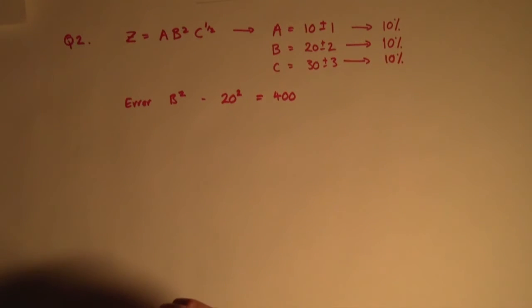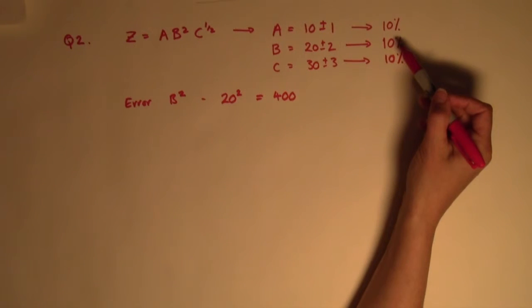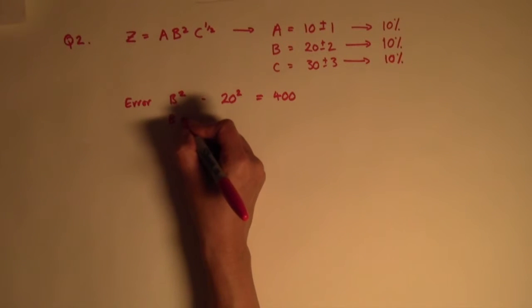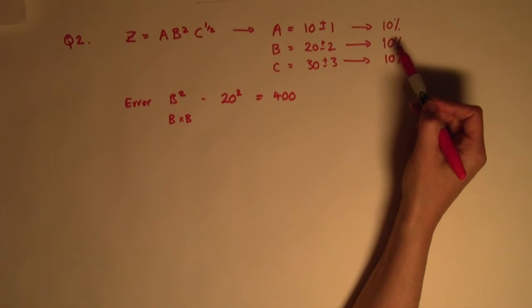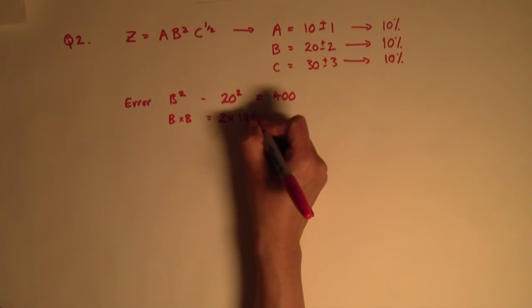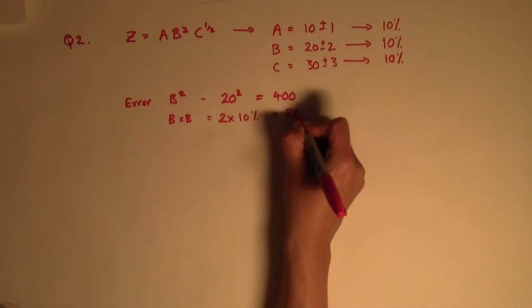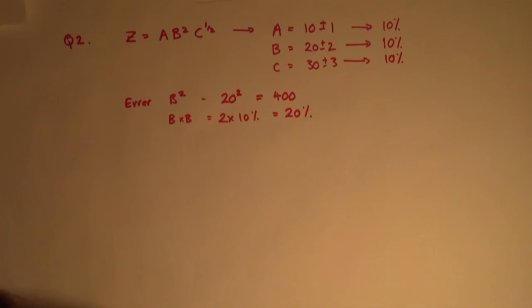And then when we have a look at the percentage error in b squared, the percentage error of b is 10%. So when you square it, that's like saying b times b. So the error will be 10% plus a further 10%. So that's 2 times 10%, which is 20%. So the error in b squared is 20%.